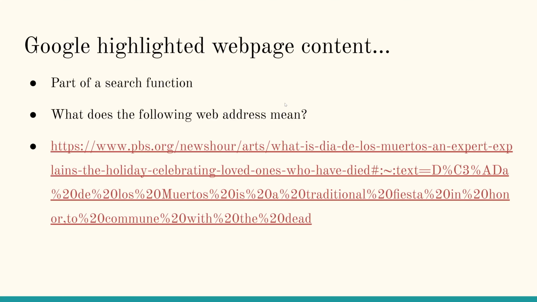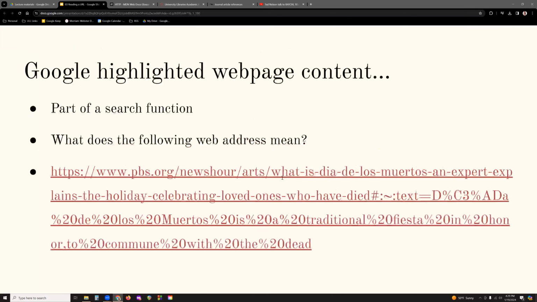Now, a lot of times when you search something, especially in a browser like with Google, they'll automatically highlight content on a web page. And instead of giving all of the highlighted content and all this extra information, all we really need is the path to the resource.